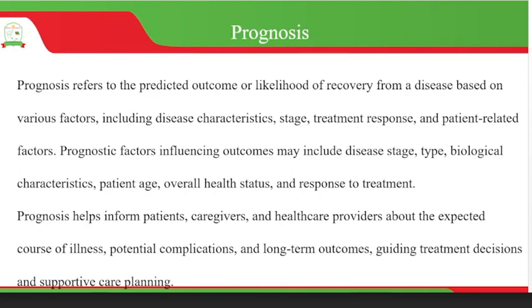Likewise, someone who is having stage 3 disease, let's say cancer stage 3, and is started on chemotherapy, may not respond as someone who is having stage 1. So it depends on the stage of the disease. Second, it may also depend on the type of the disease.